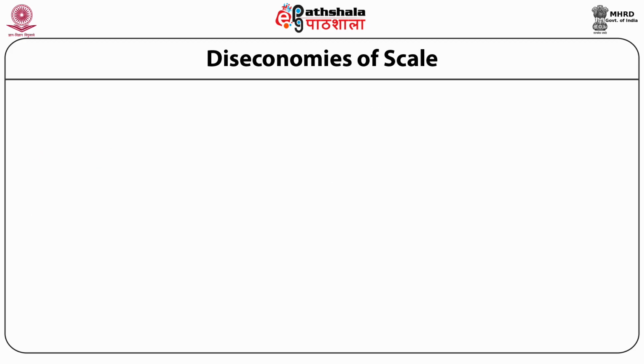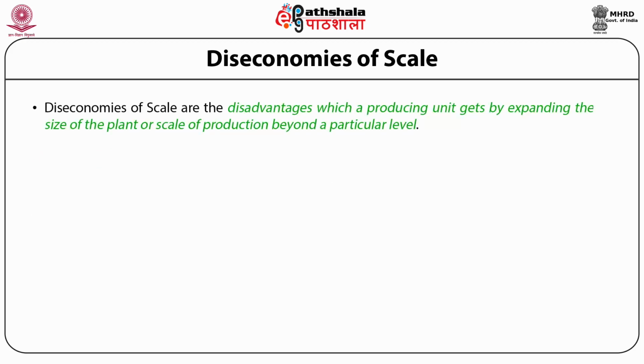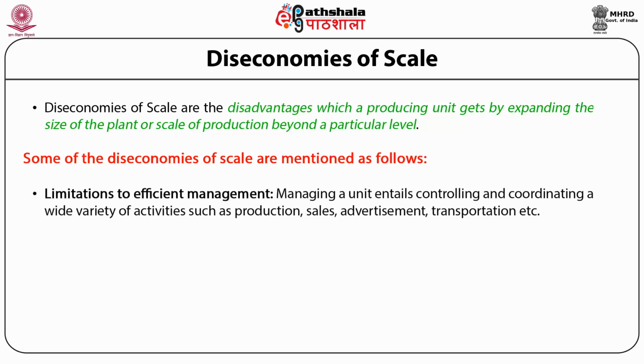Diseconomies of scale. Diseconomies of scale are the disadvantages which a producing unit gets by expanding the size of the plant or scale of production beyond a particular level. Some of the diseconomies of scale are mentioned as follows. Limitations to efficient management.